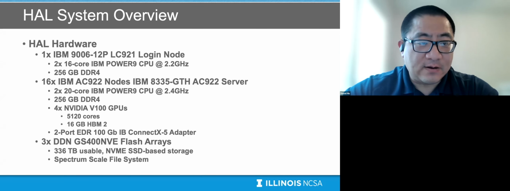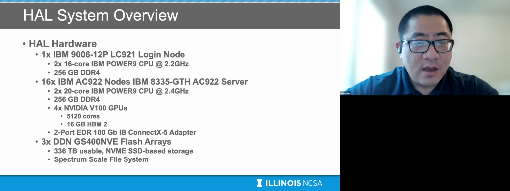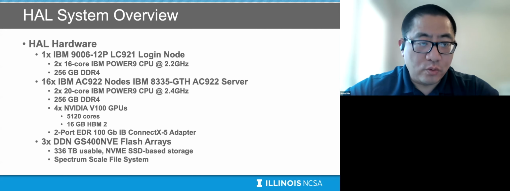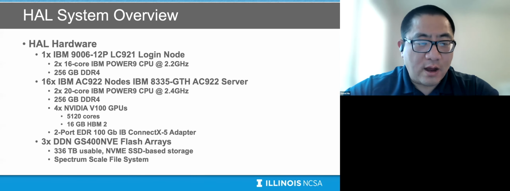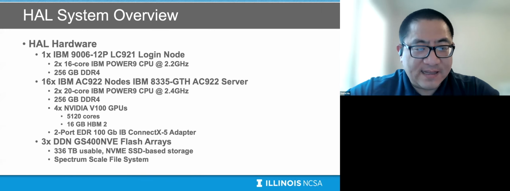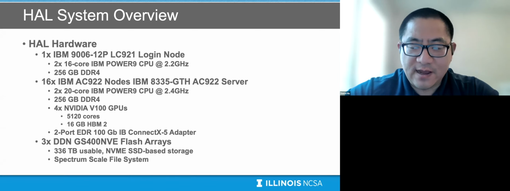Second is the power source of this cluster: 16 IBM AC922 servers. Each server has two 20-core IBM Power 9 CPUs, 256 gigabytes of DDR4 memory, and 4 Nvidia V100 GPUs. The V100 GPU is no longer the most advanced GPU at this time.